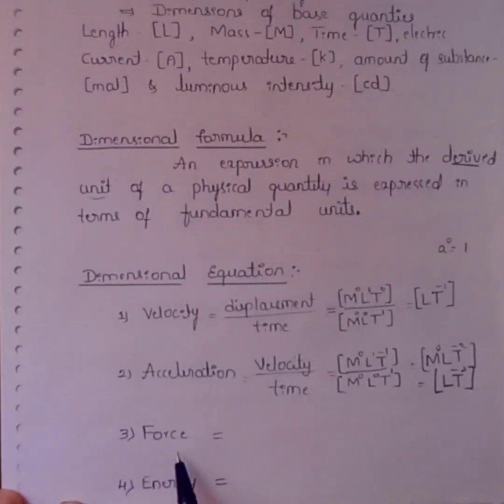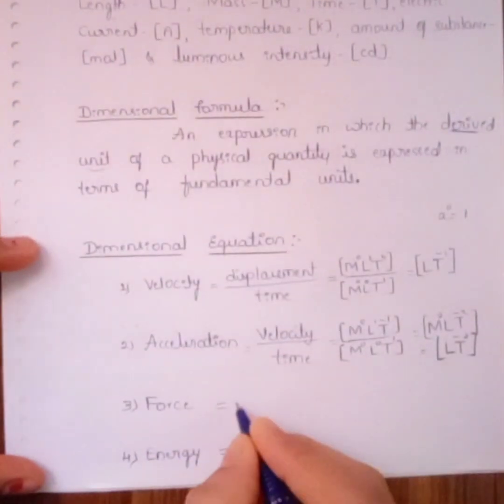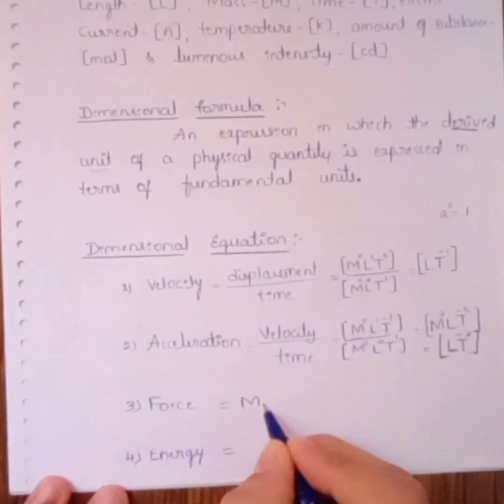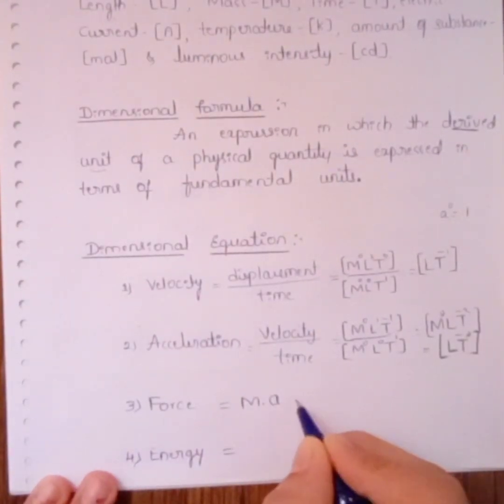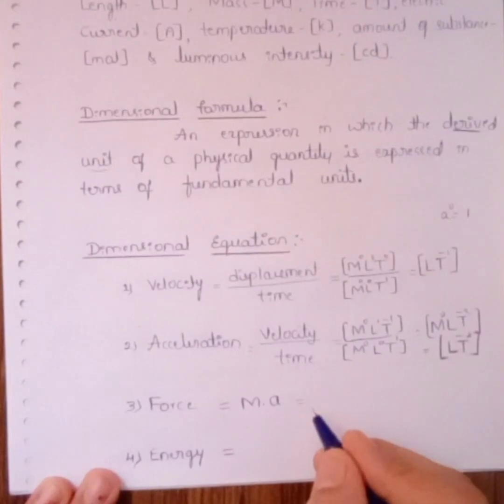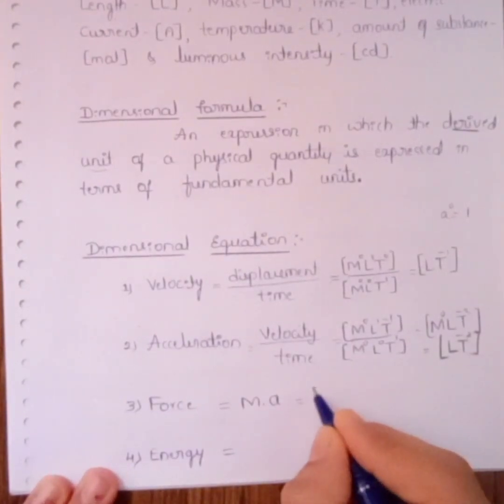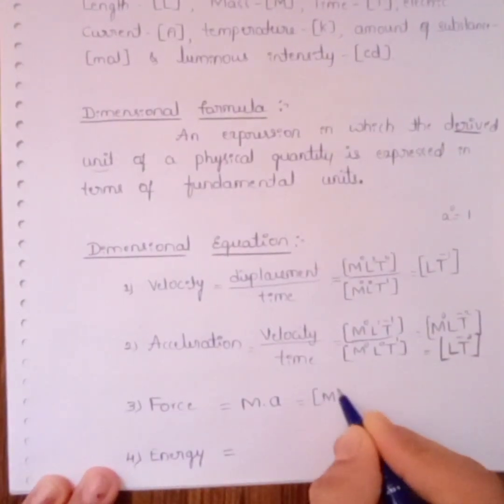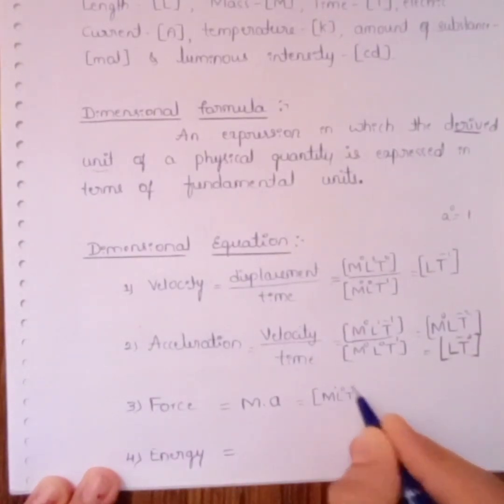Next, force. We have to write dimensional equation for force. We know force is equal to mass into acceleration. For mass, how we have to write dimensional formula? Mass means only M. Here M1 is there, L0 is there, T0 is there.